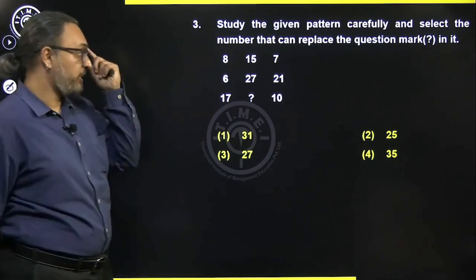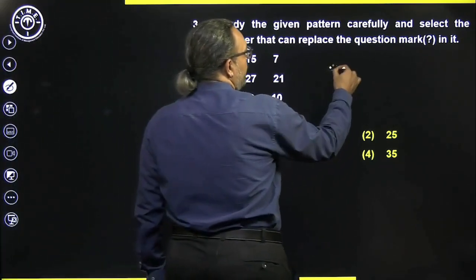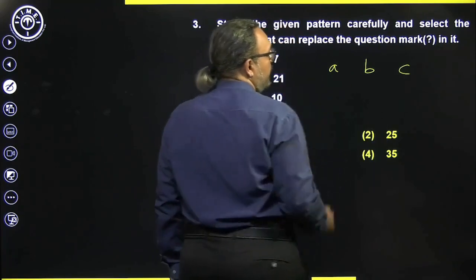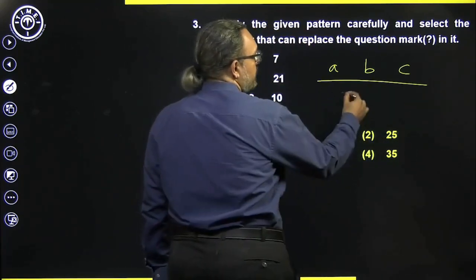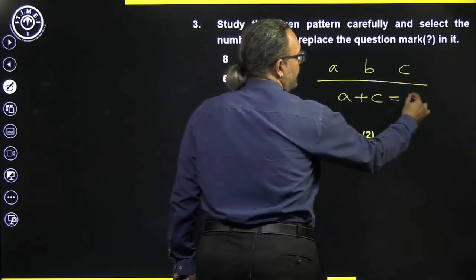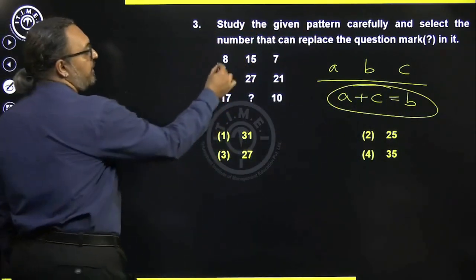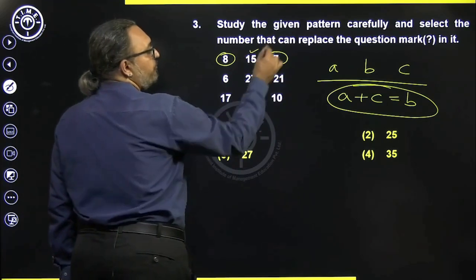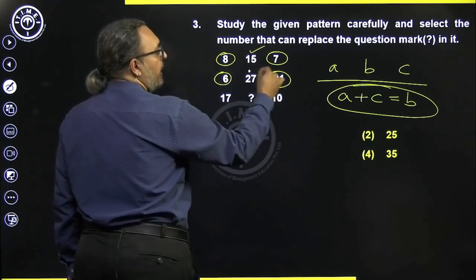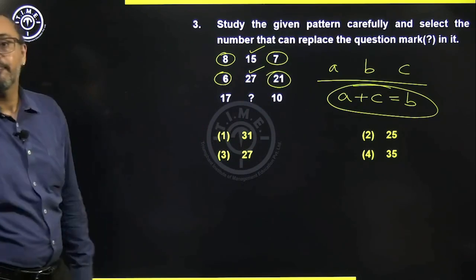So we will change our tactic and we write A, B and C. Now what we can do here is simply by adding A and C, you will get B. So try to find an easier way to get the answer. Means check here, 8 and 7 you add is 15. 6 and 21 you add is 27.